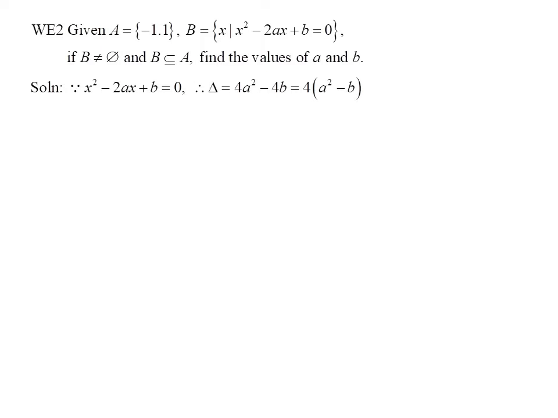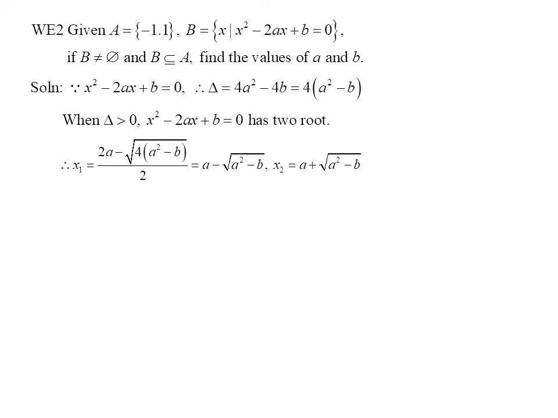Since the elements in set A are already given, we need to focus on the elements in set B, which are the roots of the quadratic equation. After working out its discriminant and assuming it is greater than 0, we use the quadratic formula to find the expression of x sub 1 and x sub 2 in terms of a and b.